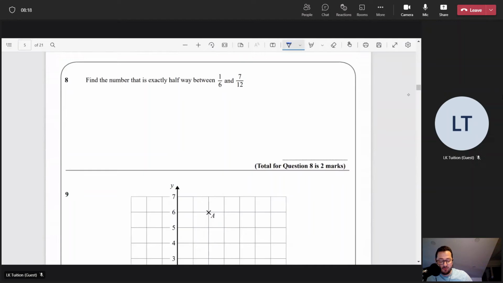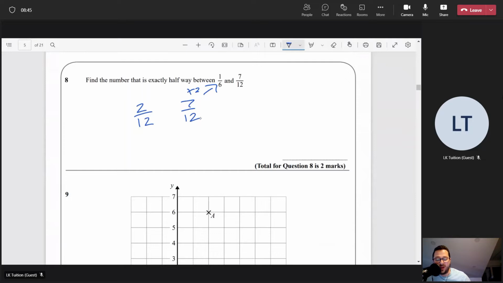Number 8, find the number that is exactly halfway between 1/6 and 7/12. All right then, well, to help with this, we might want to make the fractions over the same denominator, make the bottom the same. So if I times this one by 2 on the top and bottom, then we're going to get a matching 12, aren't we? So now we've got 2/12, and we can keep that as 7/12.